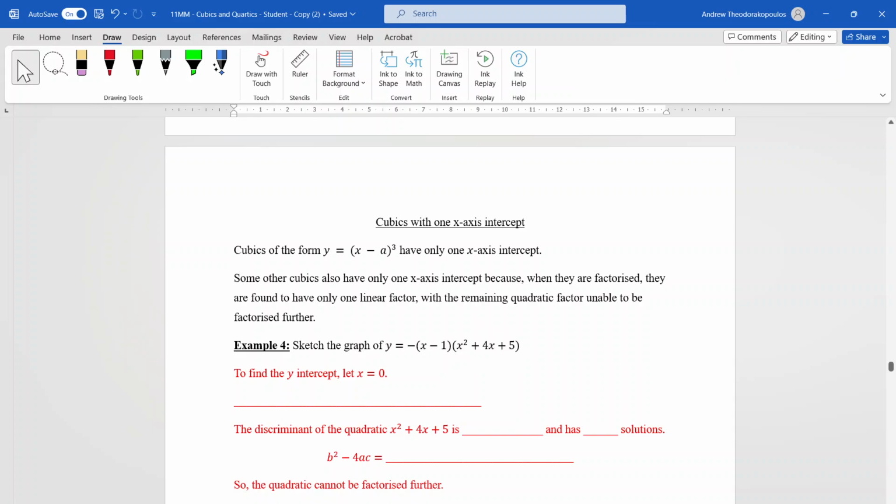So let's have a look at this graph here. Let's find the y-intercept first, and let's let x equal 0. Okay, so y equals, so that eventually gives us 5.